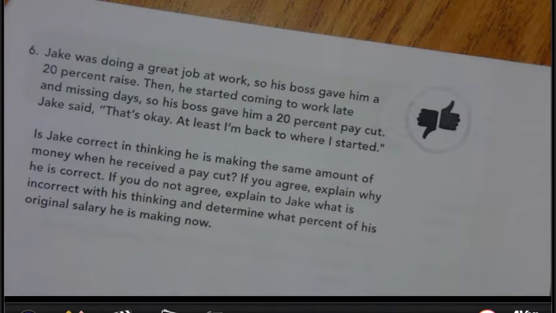All right, so we need to figure out what's going on with Jake, and we need to see, is he increasing and decreasing by the same amount? What's going on? Okay, so what do you think? Do you think he ended up right back where he started?